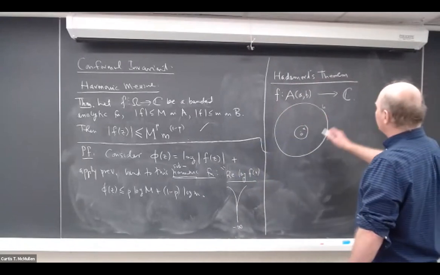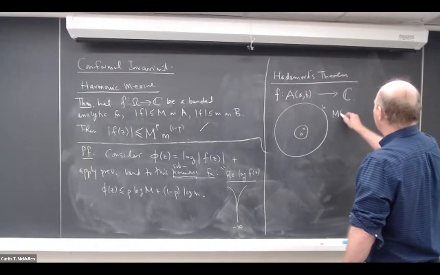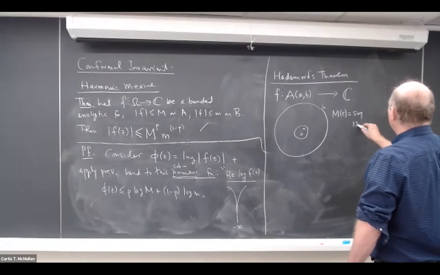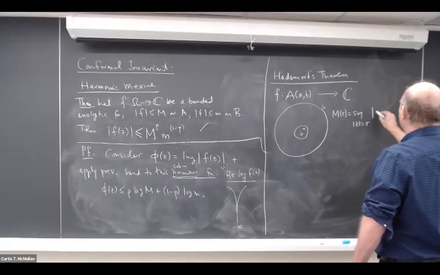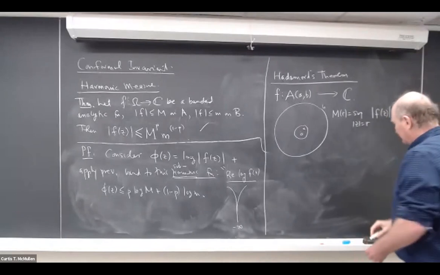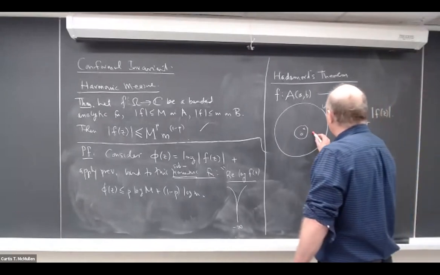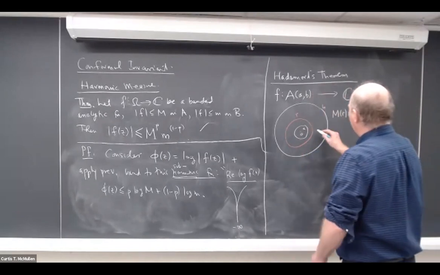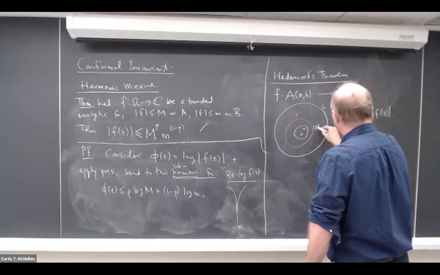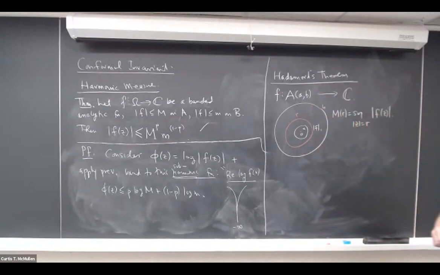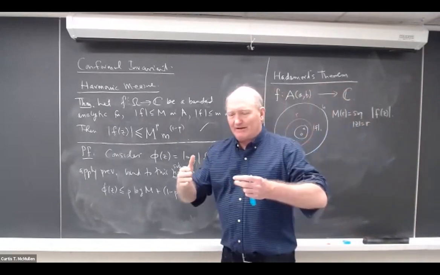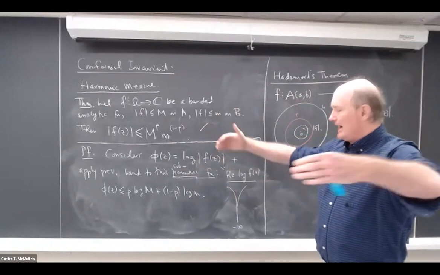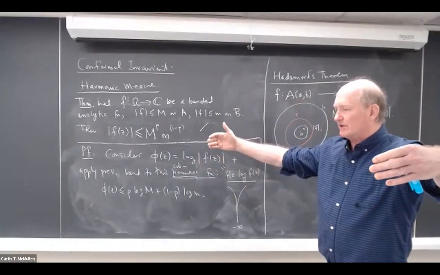And then one of the interesting quantities to study is M of r, which is the sup over the absolute value of c equal to r of the absolute value of f of c. So we're interested in bounding the absolute value of f on some radius r. And this is a quite common topic of study in entire functions. You have an entire function and you want to understand what its maximum value is on the circle of radius r.